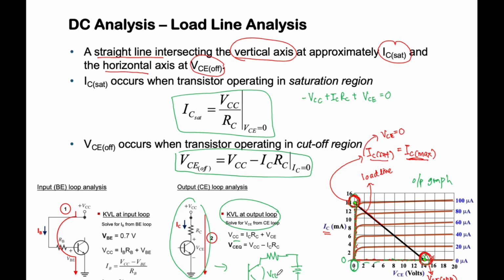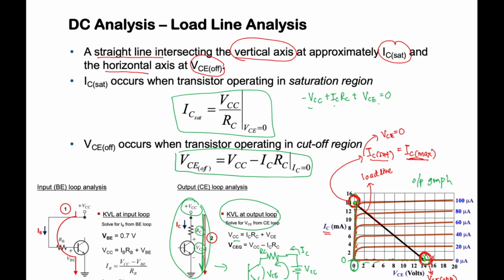This is your VCE, this is your IC, this is your VCC, and this is our RC. If we perform the KVL here, it becomes negative VCC plus ICRC plus VCE. Or if you look at this circuit another way, positive VCC is equal to ICRC plus VCE. Either way, you will get the same equation.